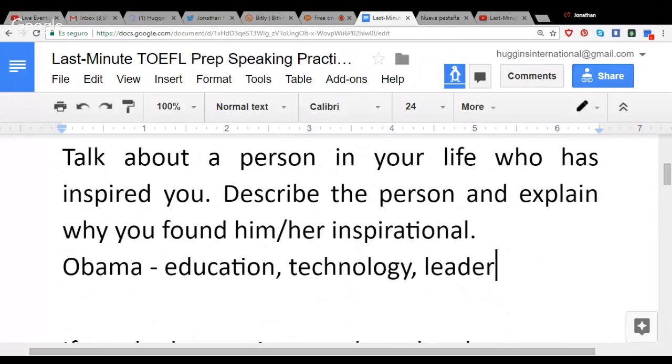One of the most inspirational people that I can think of is the former President Barack Obama. One of the first reasons that I would say that he's inspirational is that he has valued the importance of education, and he has made that a priority. He made that a priority when he was president, so that children could learn about technology.